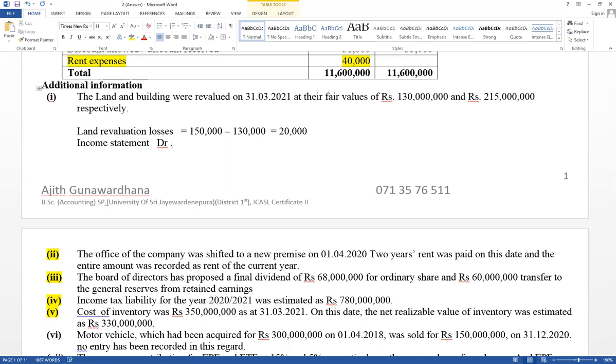Balance part. Think there was a previous year revaluation surplus available. Therefore, the revaluation reserves account. Revaluation reserves account debit amount equals the previous year surplus. When we are going to record this year loss, think about which account debit and which account credit.